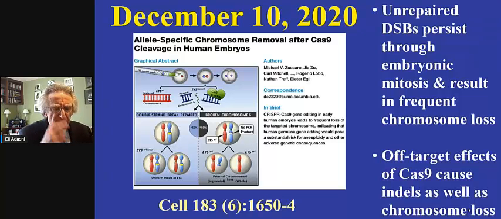In other words, the impact of CRISPR on the human embryo thus far produces significant genomic changes all the way to a complete loss of chromosomes, which of course would be unacceptable, unworkable, and in need of resolution.